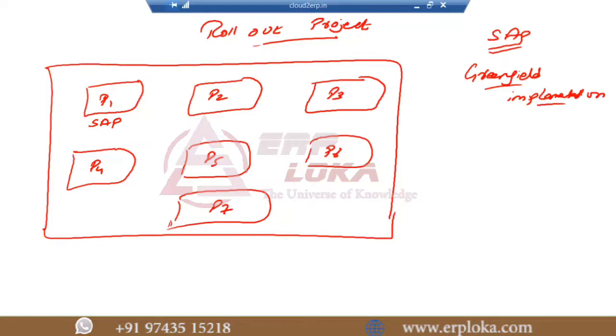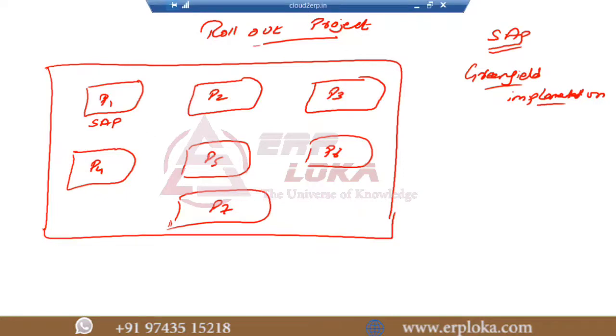So here you have up to 7 plants, but you are going to implement only one plant. Only one plant will get implemented for SAP, and they will go live and start using SAP. Other plants will not use SAP.